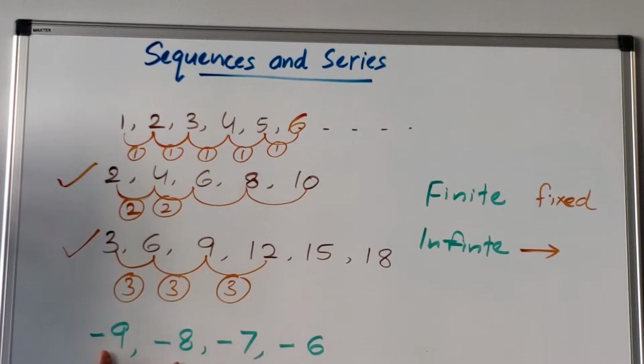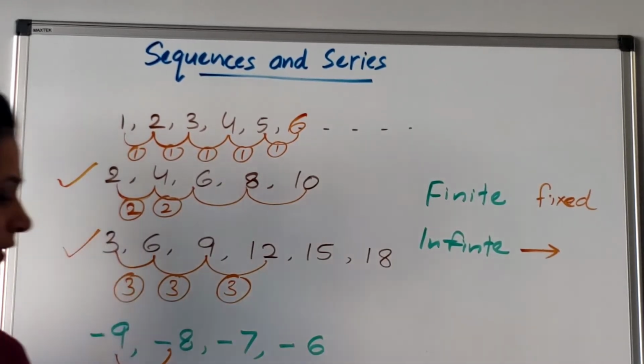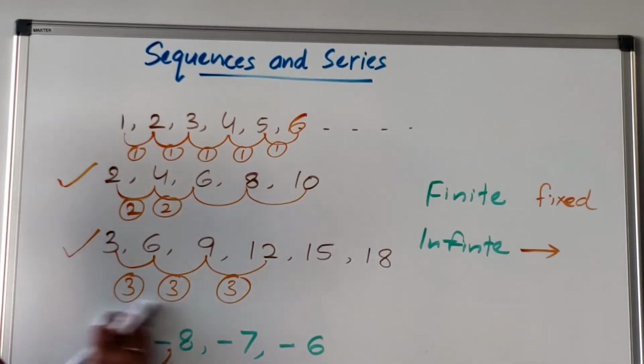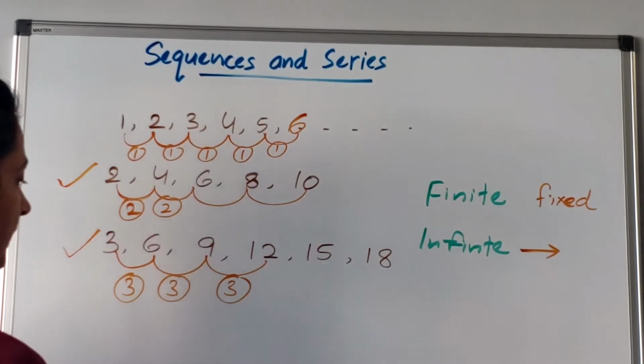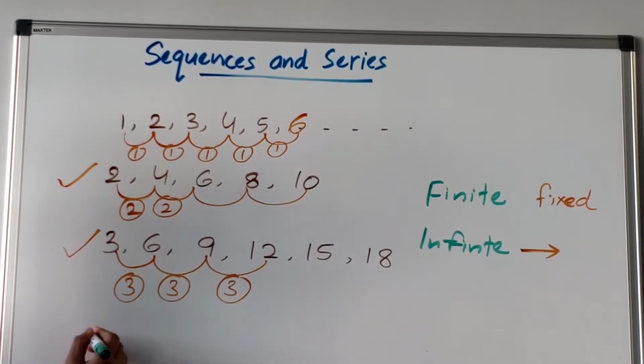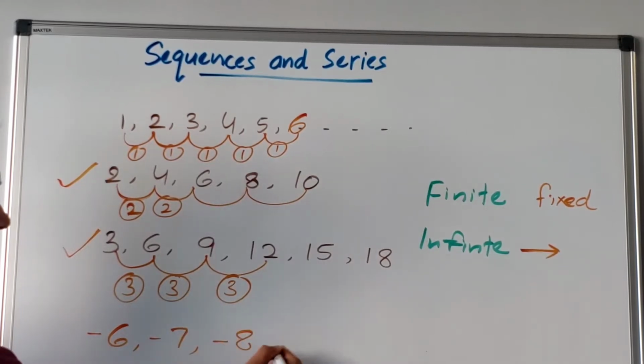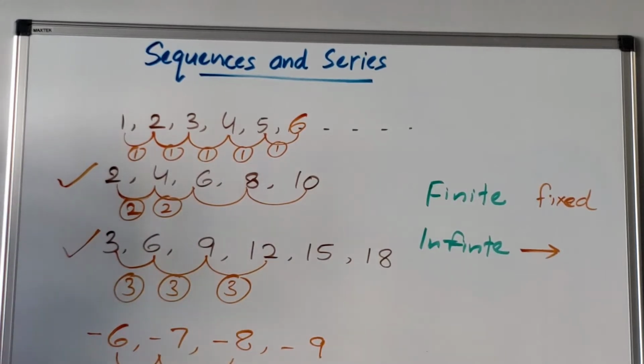Now, how much am I adding to this term to get the next term? In this case, this is also a 1. Sometimes if I go in reverse order, and I make a sequence going from -6 to -7 to -8 to -9, the terms are decreasing. But how much would you add to -6 to make the next term -7?